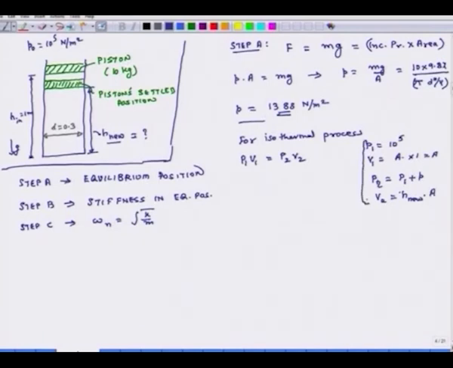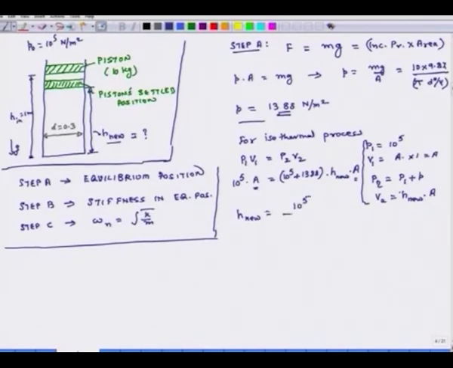I put all these values in this equation, and what I get is 10 to the power of 5 times A equals 10 to the power of 5 plus 1388 times h new times A. So, A goes away, and what I get is h new equals 10 to the power of 5 over 10 to the power of 5 plus 1388, and thus h new equals 0.986 meters.